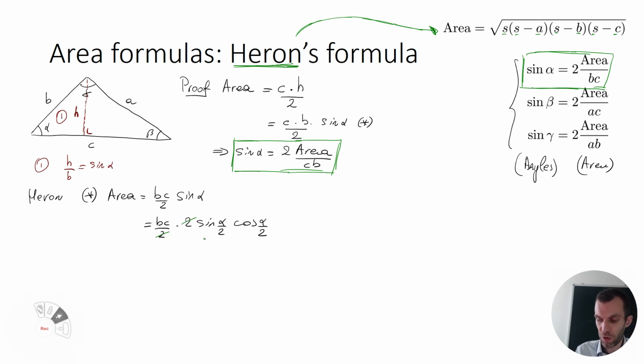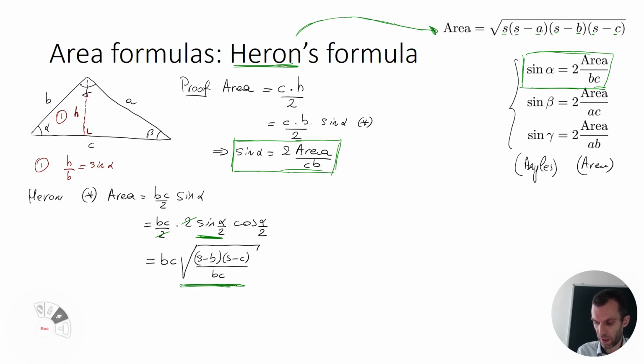Now I'm in a good position because now I can use the semiperimeter formulas. So I can write this as, and let me underline it so that you know which is which. So sine alpha over 2, I just found an expression for that. I know that's the square root of (s minus b)(s minus c) over bc.